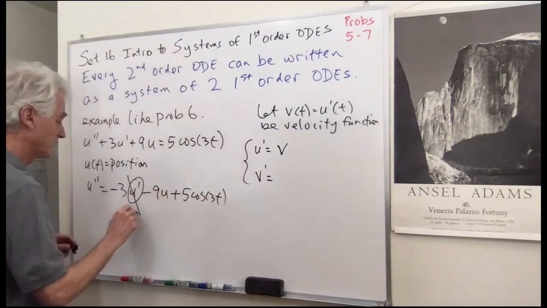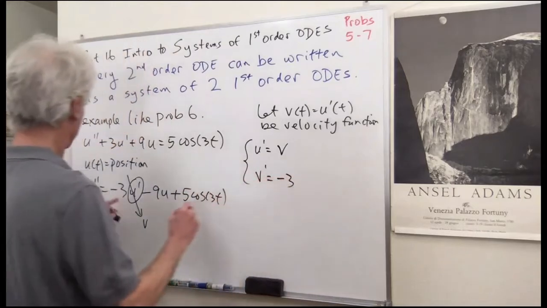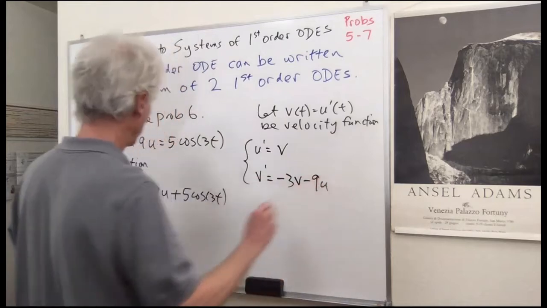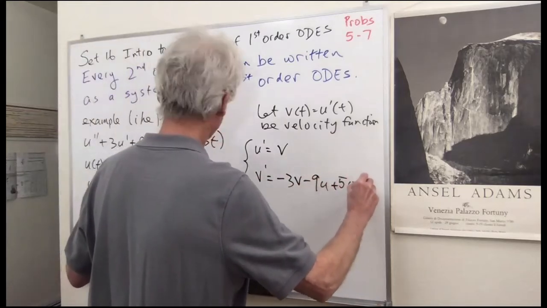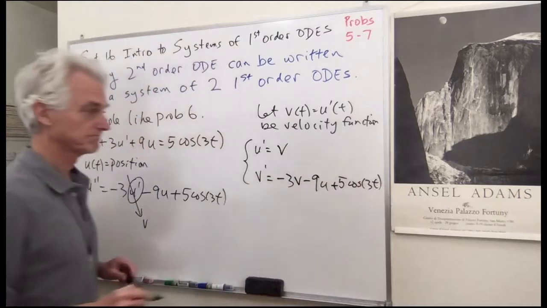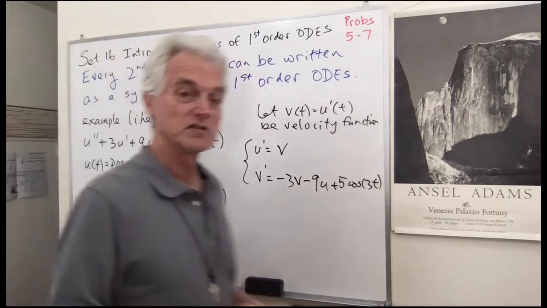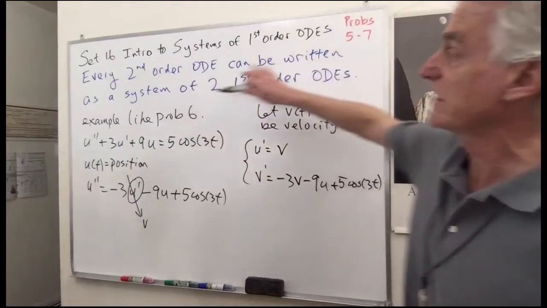I have to replace u prime by v, and I get minus 3v minus 9u plus 5 cos of 3t.